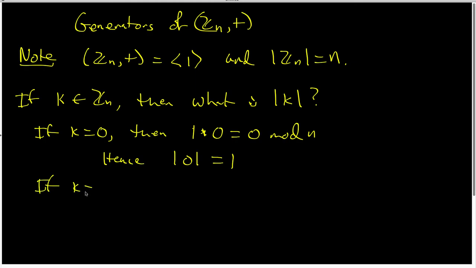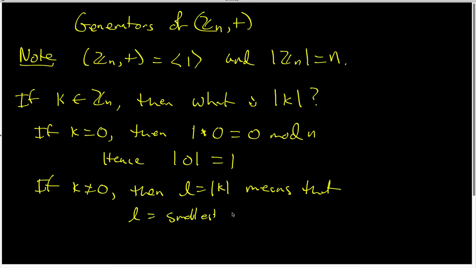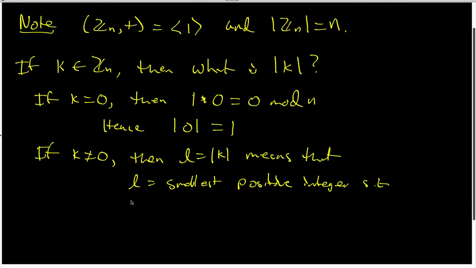So if k is anything other than 0, then I can say that L is equal to the order of k means that L is the smallest positive integer such that the multiple k times L is equal to the 0 inside my group, which is, of course, Zn.